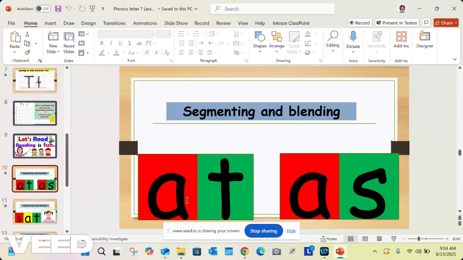What color is this one? And what color is this? All right, we have red and green. So we are going to read and we are going to say the letter sounds. A, t, at. Okay, can you do that for me?